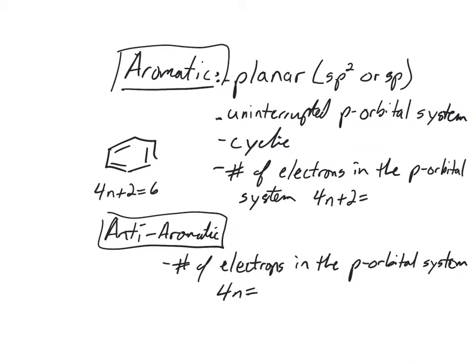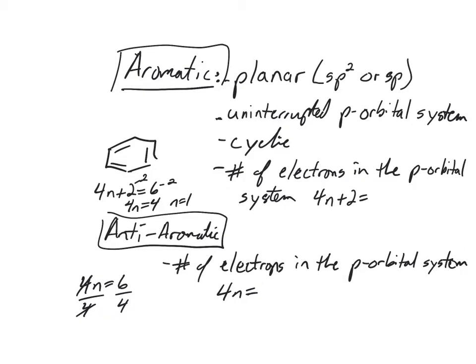Benzene only works for one of these equations. 6 minus 2 is 4, that equals 4n, so n equals 1. That's a whole integer. But for this other one, that's not a whole integer. That helps me remember. Benzene is aromatic, so that's always a good benchmark.